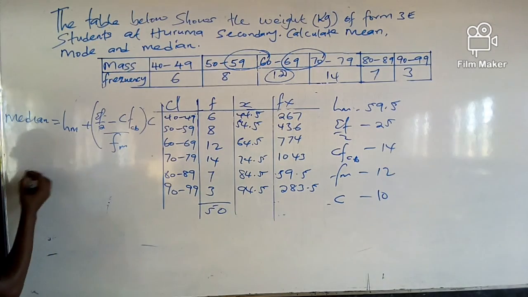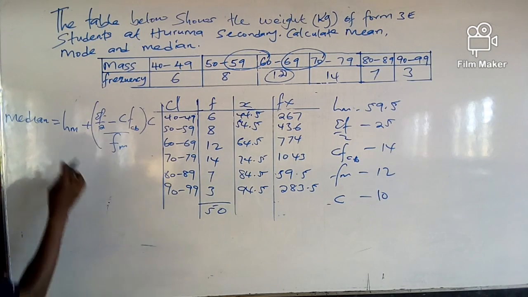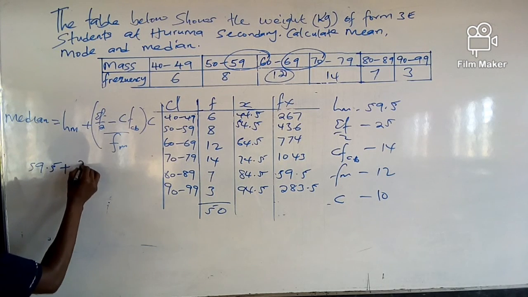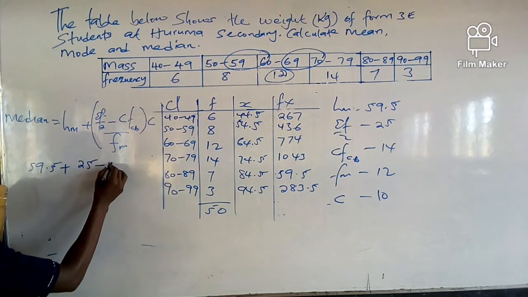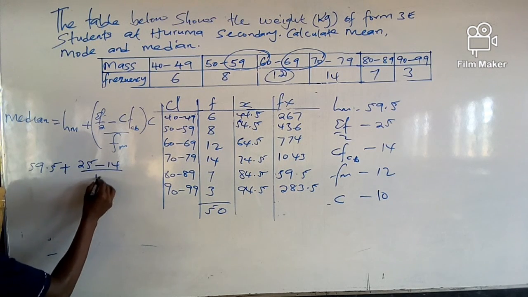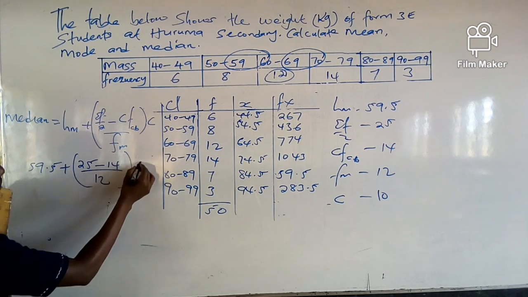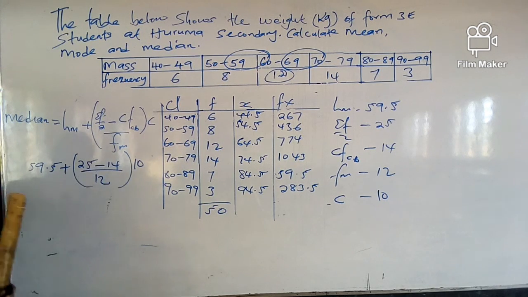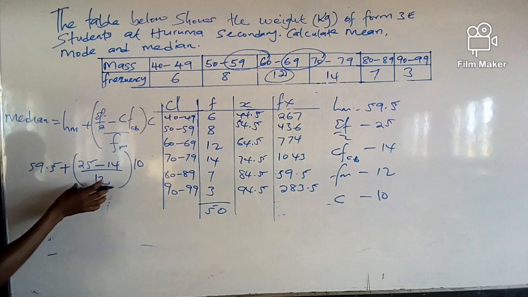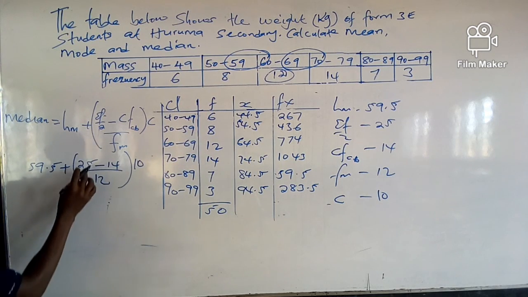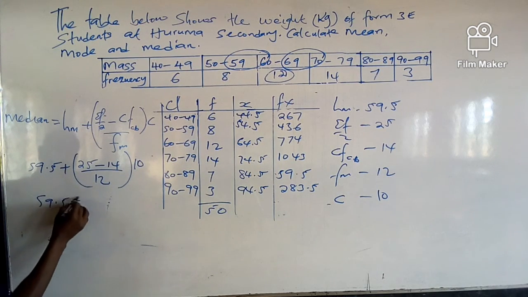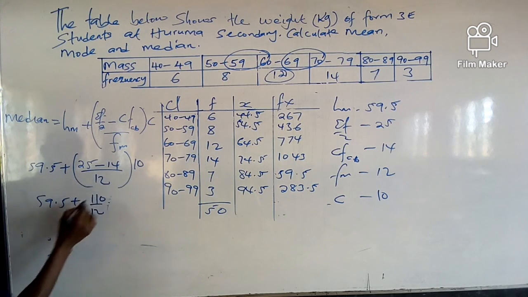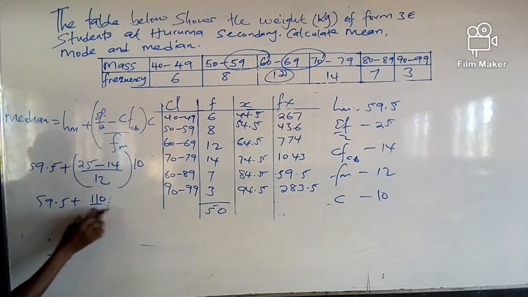So we now substitute all these parameters in the formula given there: 59.5 plus 25 minus 14, divided by 12, and then multiply by 10. That gives us 11 over 12 times 10, that gives us 110 divided by 12.